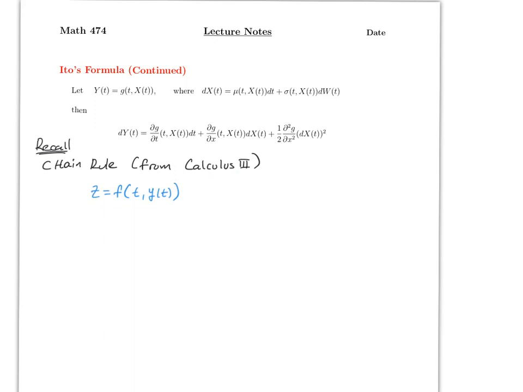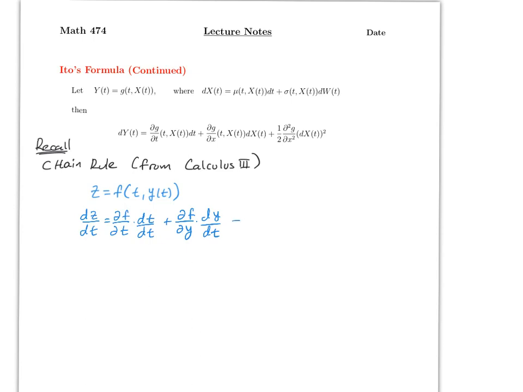Remember, if you want to take the derivative with respect to t, this will be the partial derivative of f with respect to t times dt, plus the partial derivative of f with respect to y times dy dt.